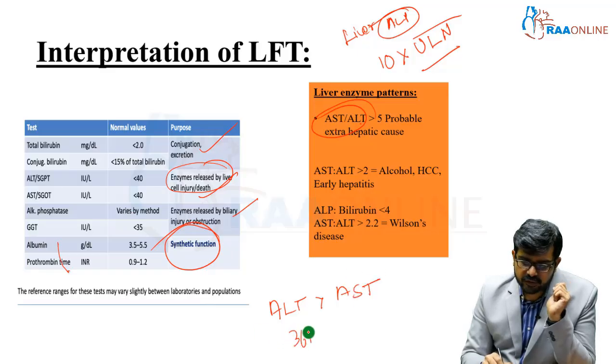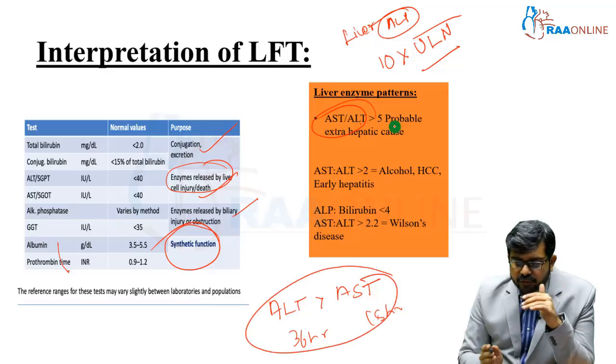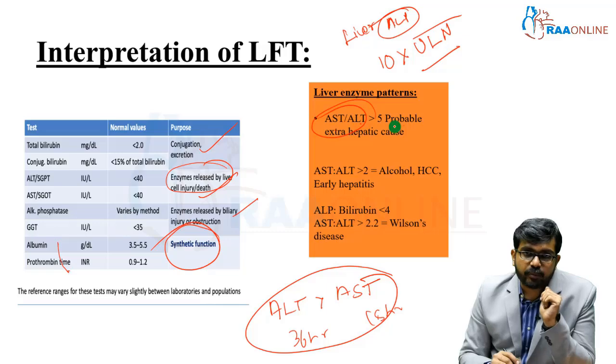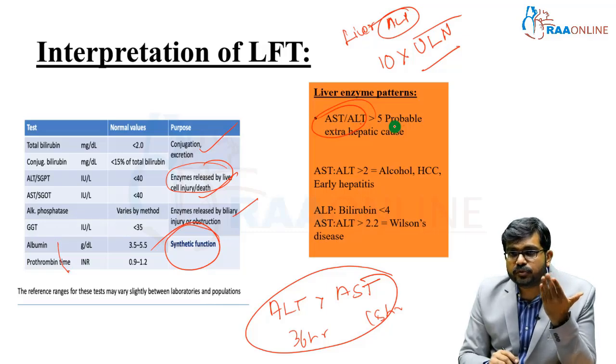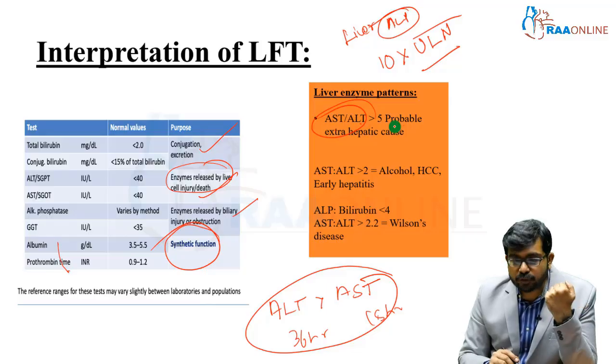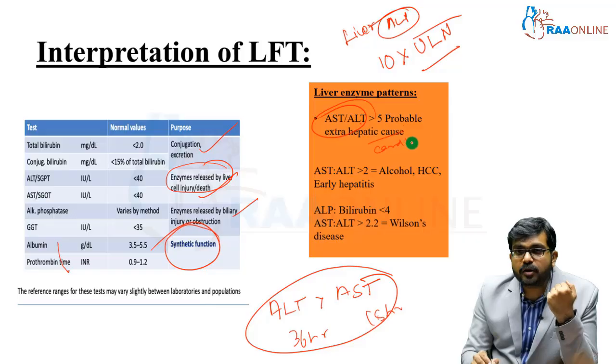This is 36 hours and this is 18 hours. In case the ratio of AST to ALT is more than 5, the flipping of the ratio happens, which means that there is a huge extra-hepatic source of enzymes coming into the bloodstream. It can occur either from the cardiac or from the skeletal muscle.